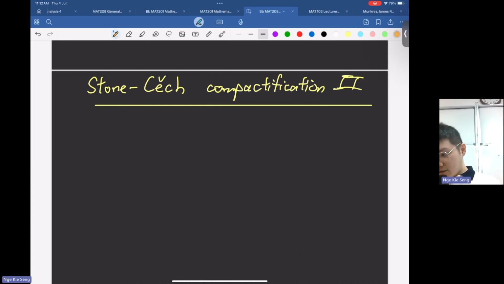Yesterday we tried to motivate this compactification using continuous functions. So we will redo it again. This is our motivation.